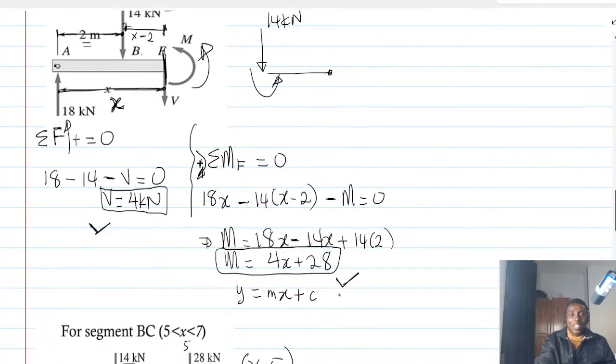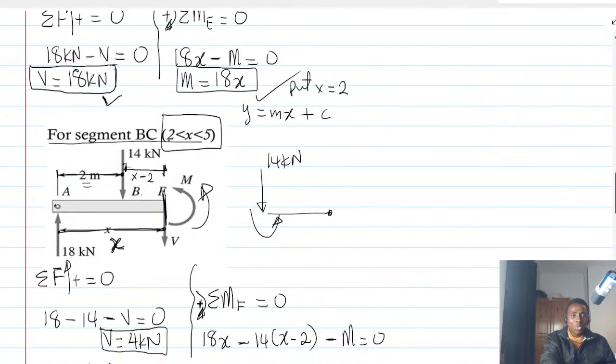Now let's come here. So this is where I was trying to explain. The moment function here is 4x plus 28. It means that we are not going to start at x equals 0. Why? Because the section was between 2 and 5.